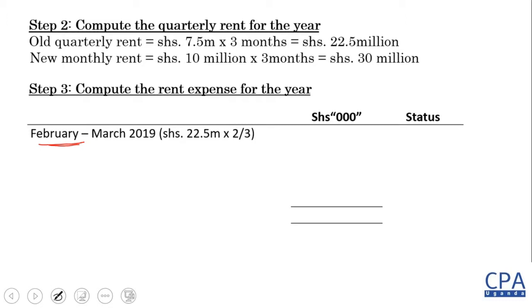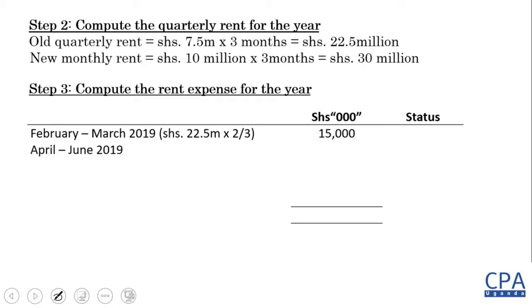So from February to March, that's going to be the 22.5 million times 2/3. Why 2/3? Because January is off, as that one is in the old financial year. That gives me an expenditure of 15 million for that period.